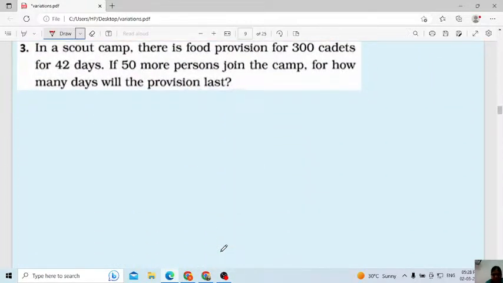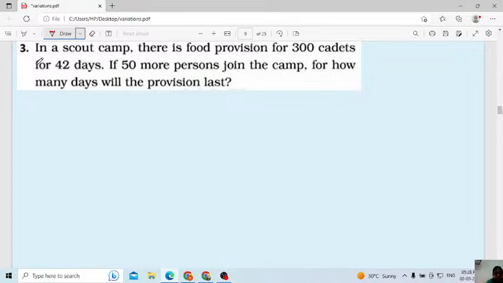Next question. From here, definitely word problems based on the variation. Very interesting problem you will solve today in the variation. Simple topic, you will not even get confused.